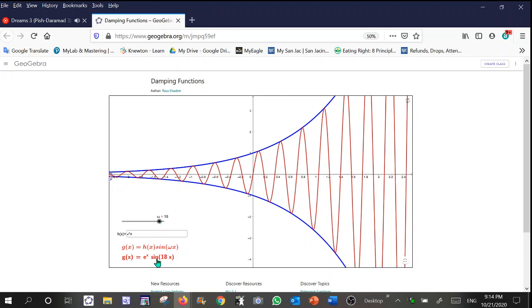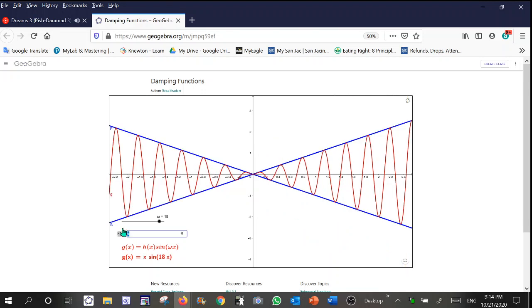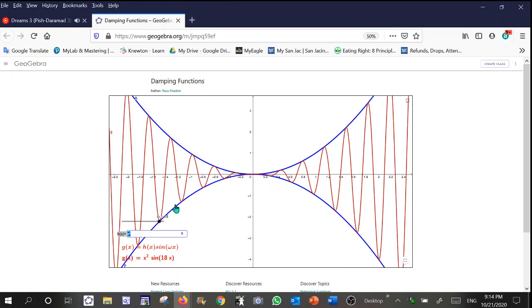Omega here is a sine function, and this damping function doesn't have to be e to the x, it could be anything. Let me just put x there, and you see this function is oscillating between x and negative x, or it could be x squared. You see it is oscillating between x squared and negative x squared.